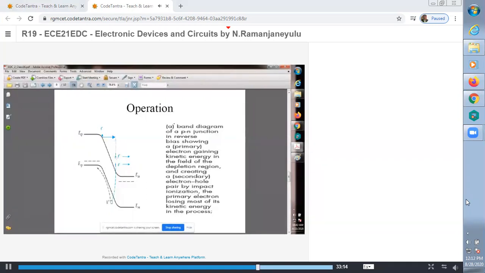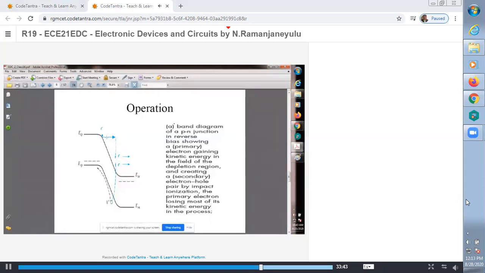This is called secondary emission. Observe the band diagram of a PN junction in reverse bias, showing a primary electron gaining kinetic energy in the field of the depletion region and creating a secondary electron hole pair by impact ionization, the primary electron losing most of its kinetic energy in the process.